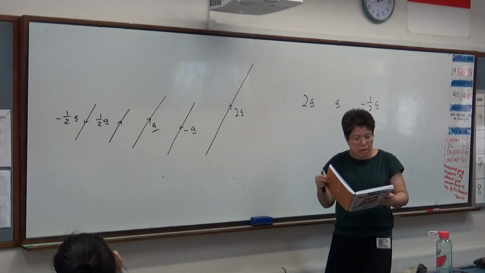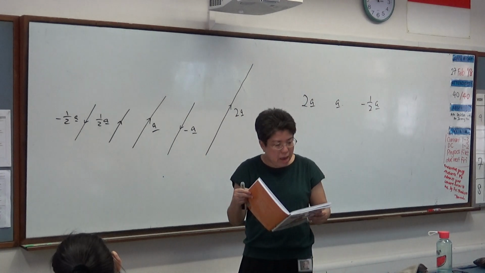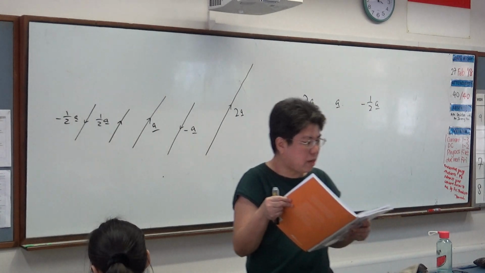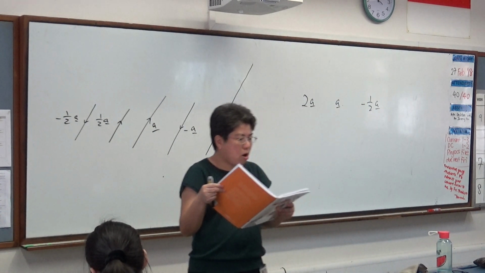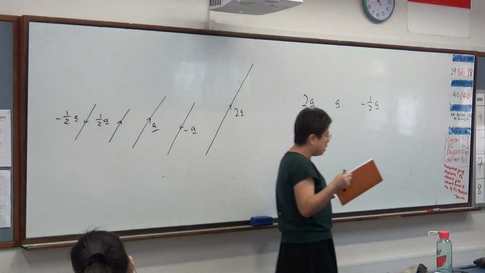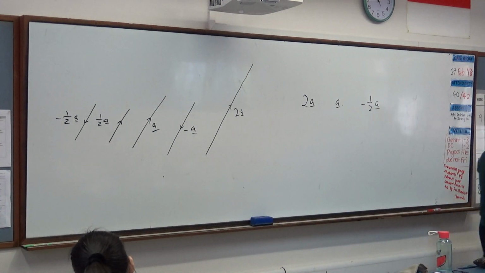Now next, look at page 195. In general, if A and B are two non-zero and parallel vectors, then A equals KB for some scalar or real number K not equal to 0. Now what it means is this.